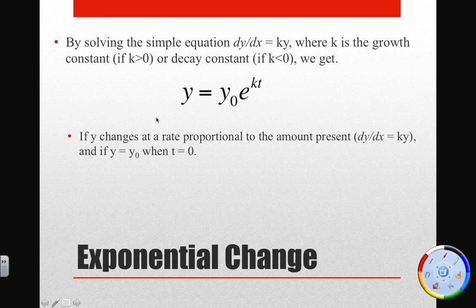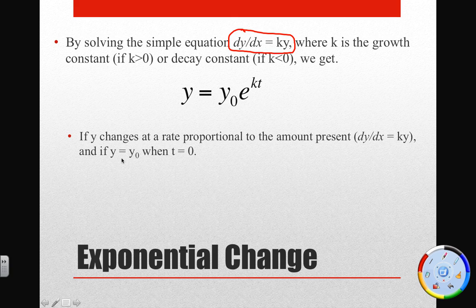And initial value, meaning like in exponential stuff. This statement right here, that dy/dx is equal to ky, just means that y changes at a rate proportional to the amount present. So y being the amount present, dy/dx represents change, and when we say proportional to, that just means k times y.